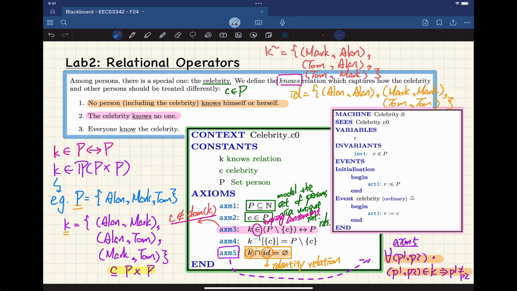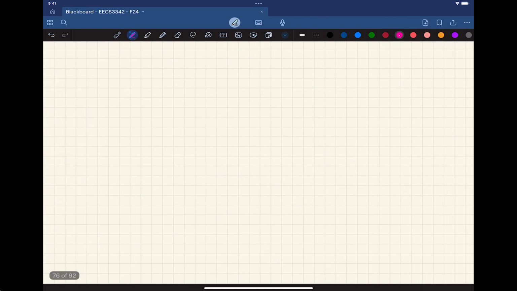Let me say one more thing. When I say the nodes relation is P set difference C, relation P, that's what you have for axiom number 3. This single typing constraint is equivalent to two things together.